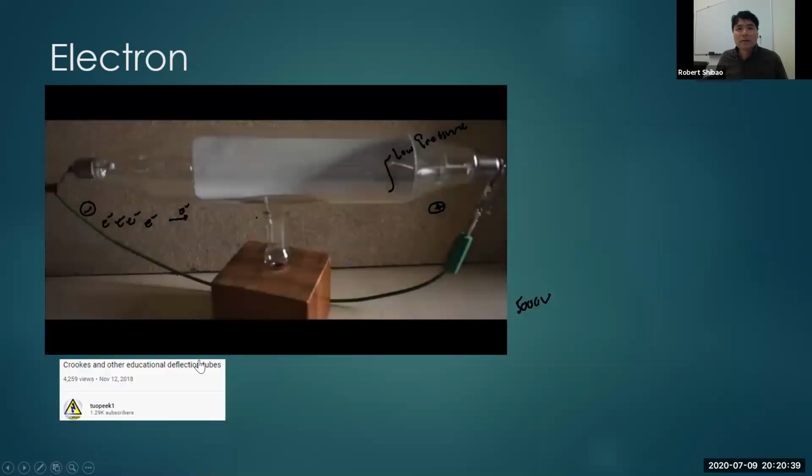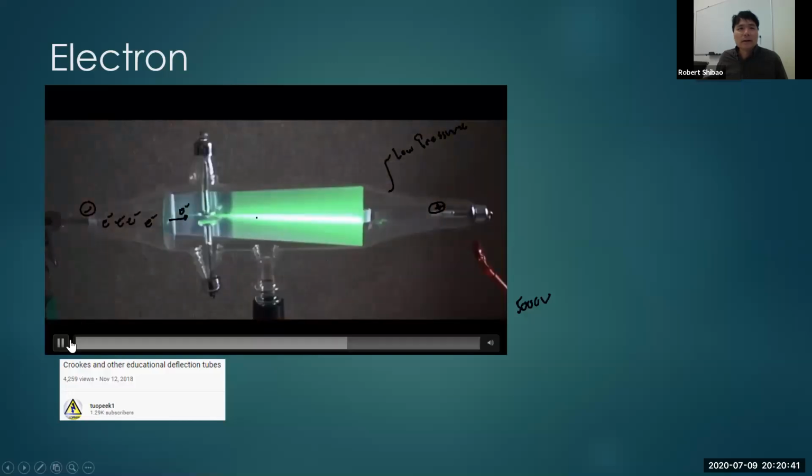Yeah, hit the pause key. Now, what is that? That's a magnet there, just a little magnet. Watch what the magnet does to the beam. Do you see? The magnet deflects the electrons.